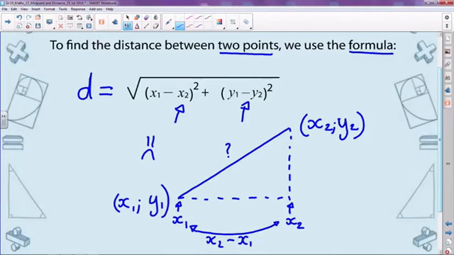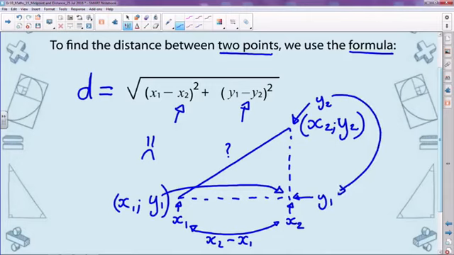And we say that that position over there is y2, and that position over there is y1, because look, it's in line with y1. So what is the difference or the distance between those 2? Well, it is y2 minus y1.